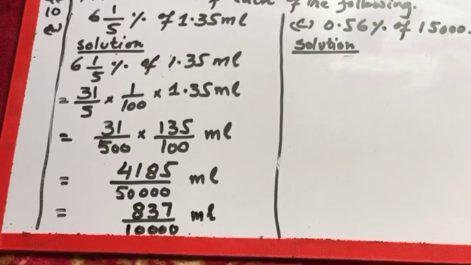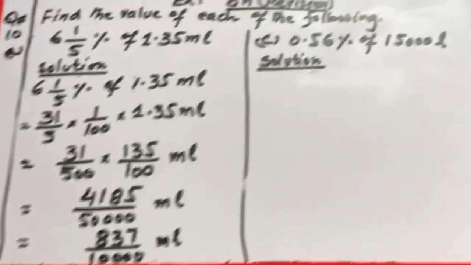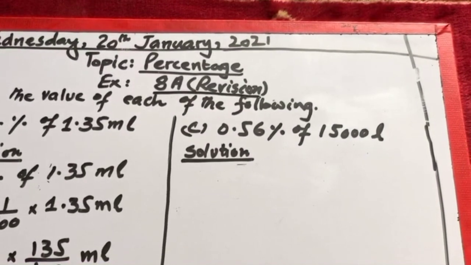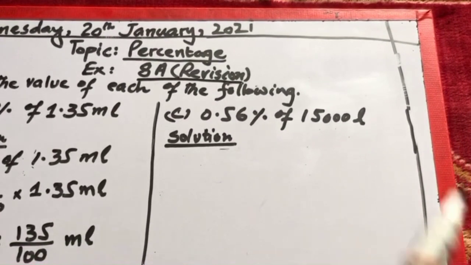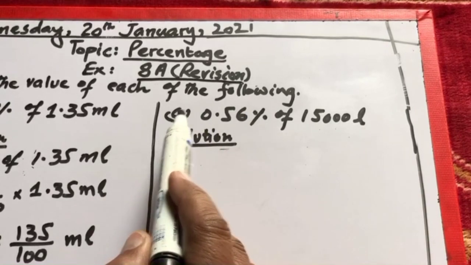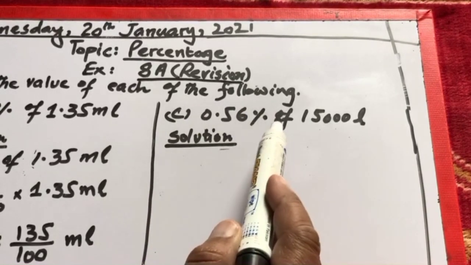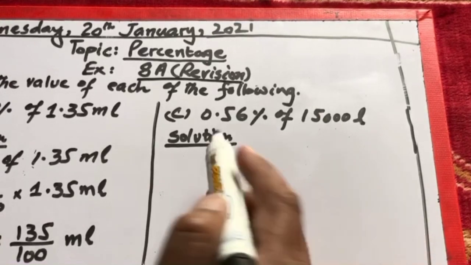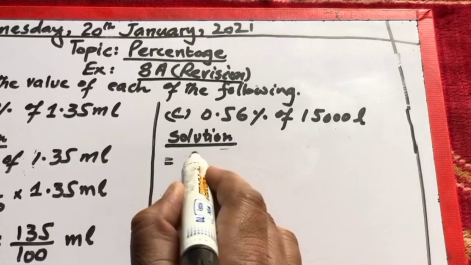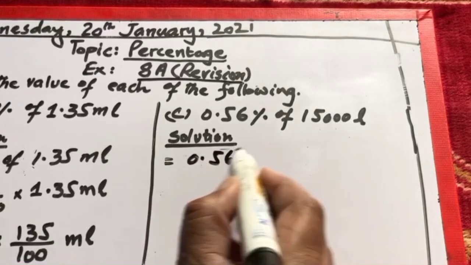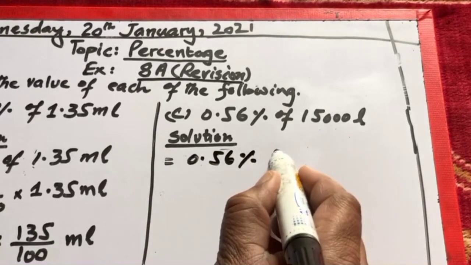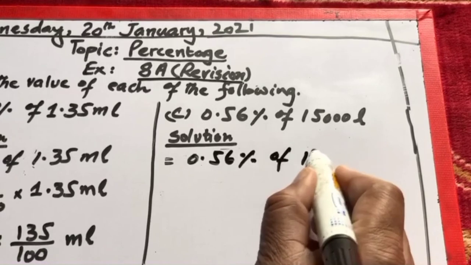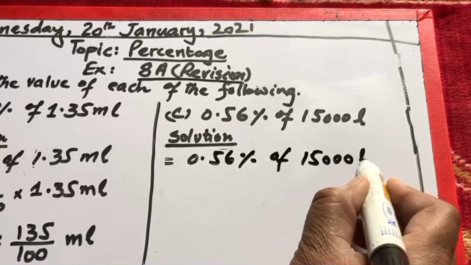Now we are going to solve the C part of exercise 8A question number 10. The statement of the C part is 0.56% of 15,000 liter. So we will find the value of this given value, which is 0.56% of 15,000 liter.